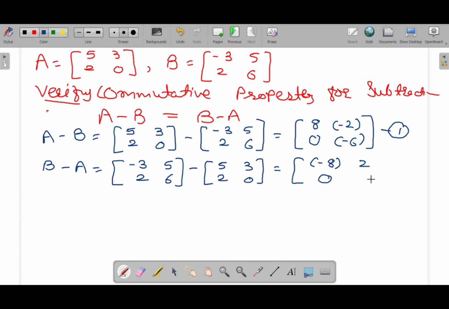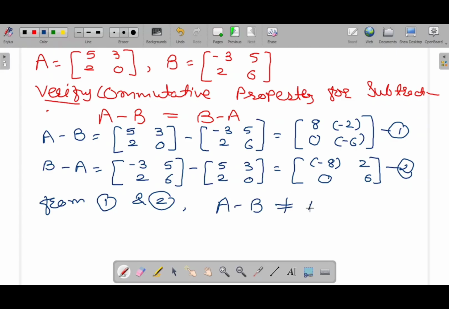And 6 minus 0 will give me +6. So this is my result number 2. You can compare the results. From result number 1 and 2, we can conclude that A minus B is not equal to B minus A, right?